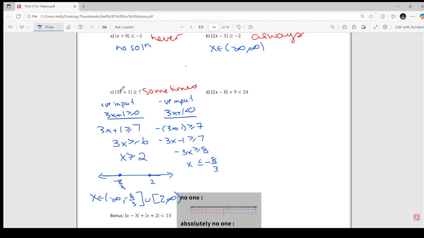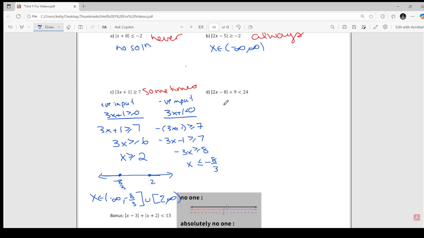The absolute value of 3 times 3 plus 1, so that's 10. 10 is greater than 7, yes. A number in the other interval would be like minus 5. So 3 times minus 5, so negative 15 plus 1 is negative 14. The absolute value of that is 14, and that is greater than 7. Good. So you can just do a check in your head. These intervals are correct.